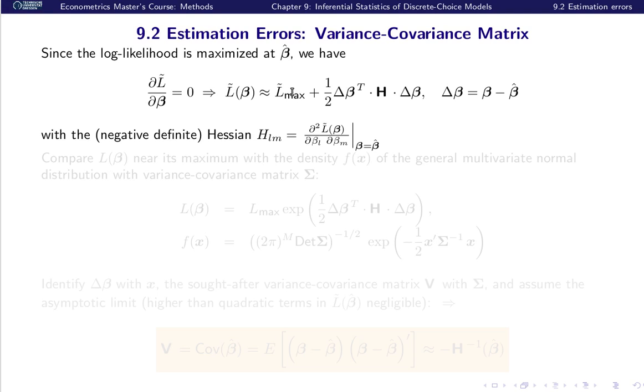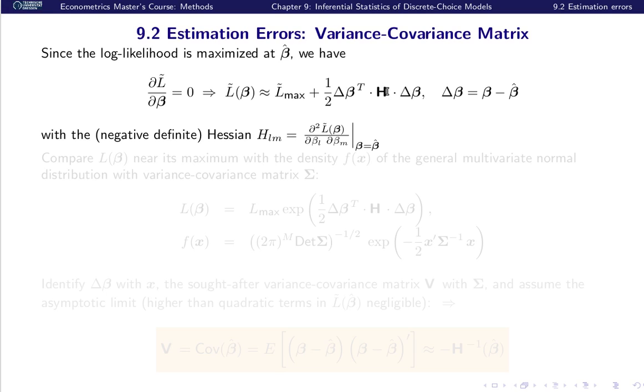First term is just the maximum log likelihood itself. The first term, the gradient term, vanishes because of this condition, and the second term is a generalization from the one-dimensional case, where the second term would be 1/2 times the second derivative times the change squared, and in the multi-dimensional case the second derivative is just replaced by the Hessian.